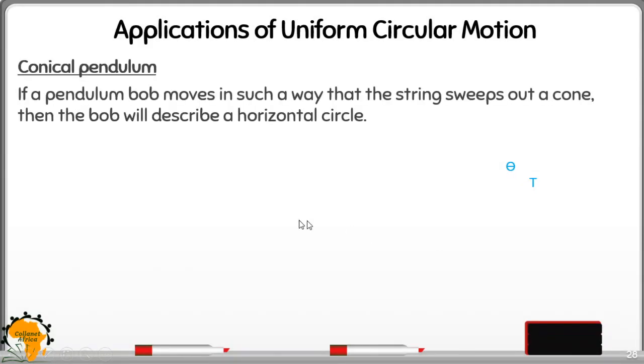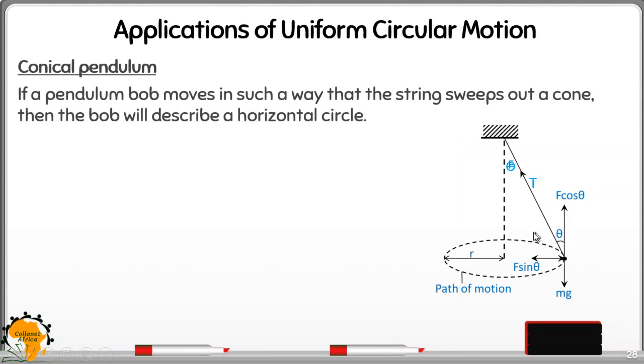Then we move to the conical pendulum. In a conical pendulum, the bob moves in such a way that the string sweeps out a cone. Look at this diagram. It is moving along a horizontal circle.